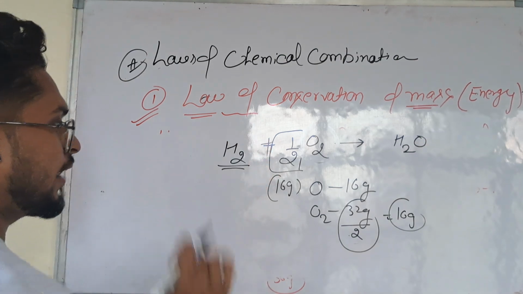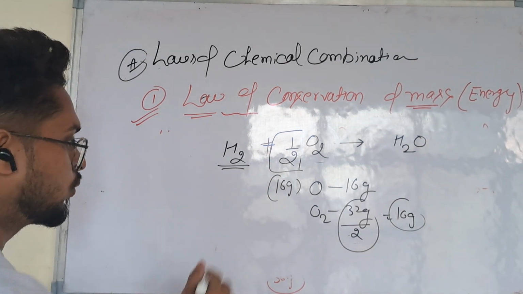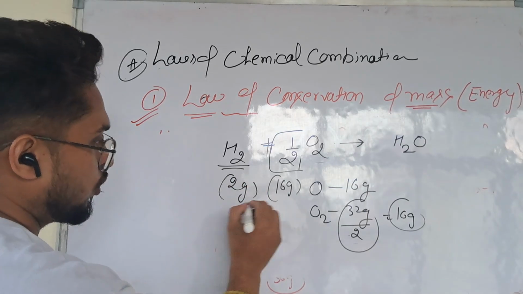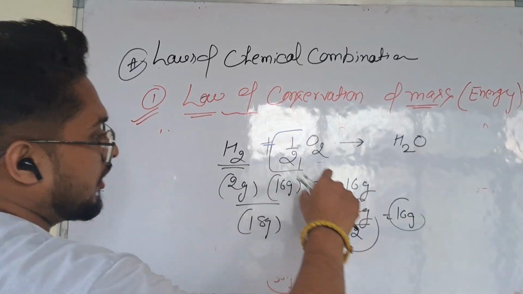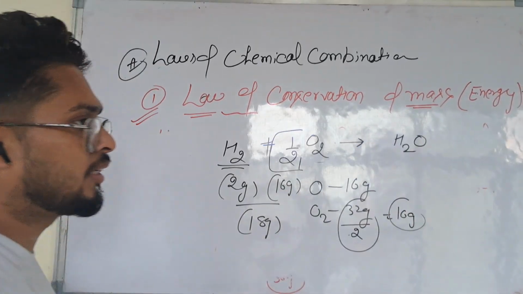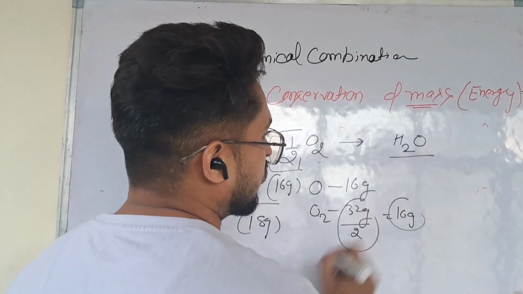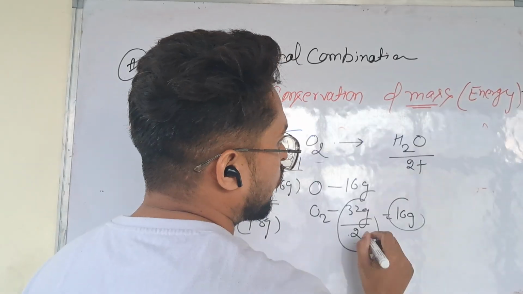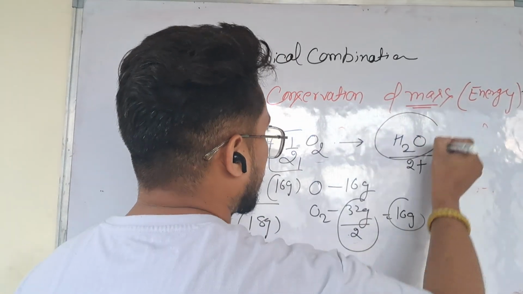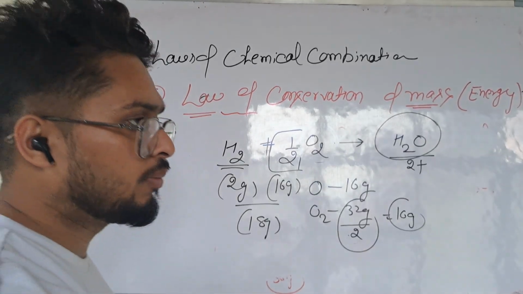What is the weight of H2? That is 2. So total weight on the reactant side is 18 gram. Now we have to check if 18 gram is on the product side, which means it follows the law of conservation of mass. So what is the weight of H2O? How can you find out the weight of a molecule?